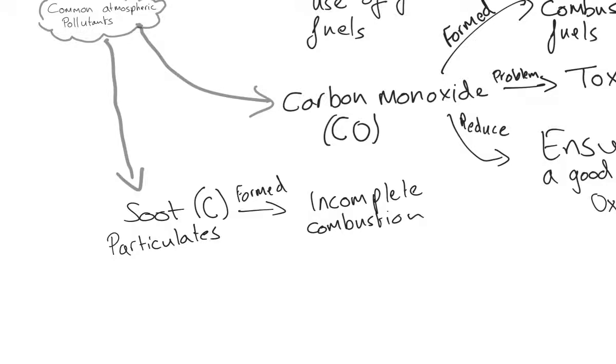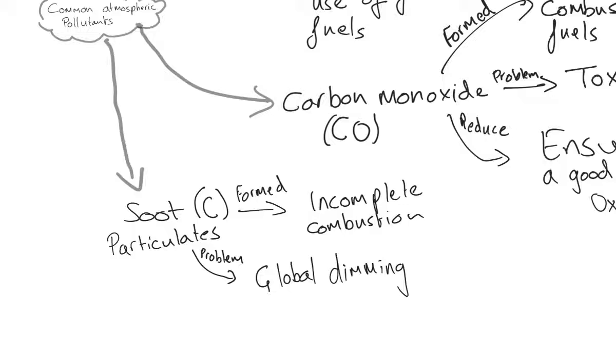Why is soot, or why are particulates an issue? What problem do they cause? Well, the problem that soot or particulates cause is an issue called global dimming. And it's exactly what it sounds like. If you've ever seen a dimmer switch in a house, a little dial normally, instead of a light switch, and you turn it down and the lights go dimmer, that's what's going on.